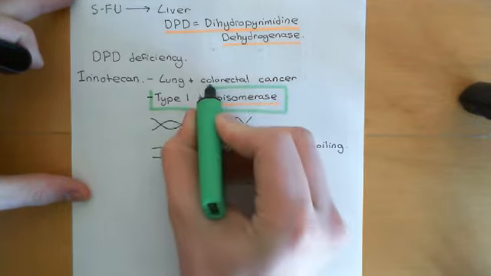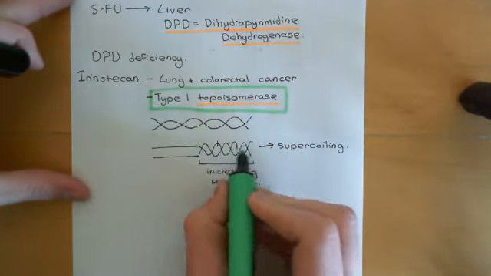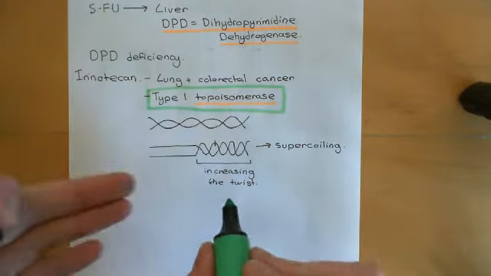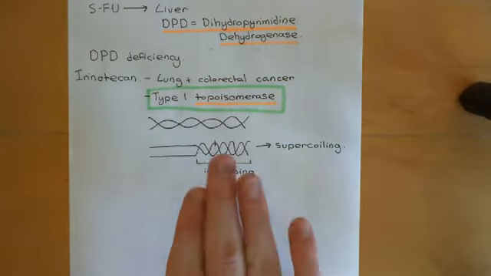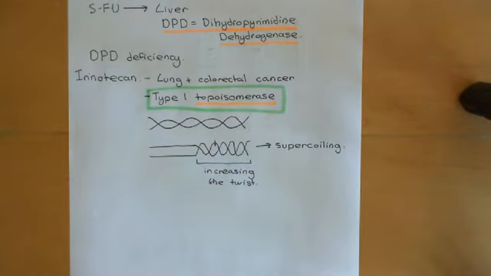By blocking those, you stop this from occurring, or at least you reduce the cell's ability to cope with this. And therefore you reduce the ability of a cell to replicate its DNA, and you reduce the ability of a cell to transcribe its DNA and produce RNA. That is the basis of how irinotecan then leads to problems with cell division and how it can stop cells from dividing.